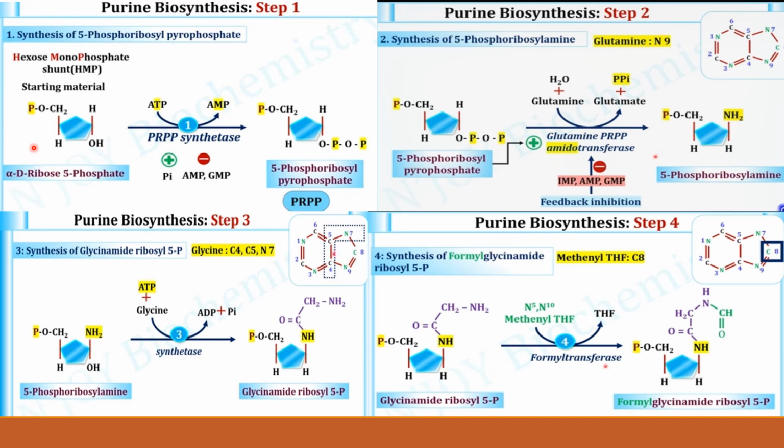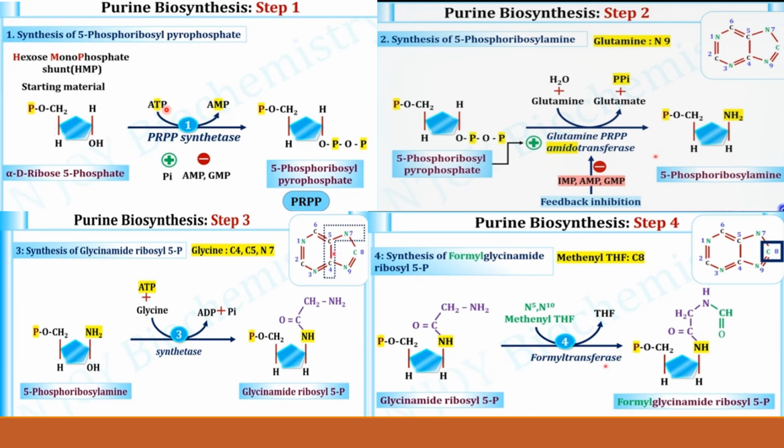This is the structure of ribose 5-phosphate. It is a 5-membered ring structure, and at position 5 there is attachment of a phosphate group. So it is called ribose 5-phosphate. During the first step, an ATP molecule is utilized and it is converted to AMP, adenosine monophosphate.